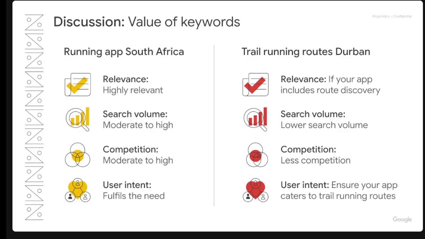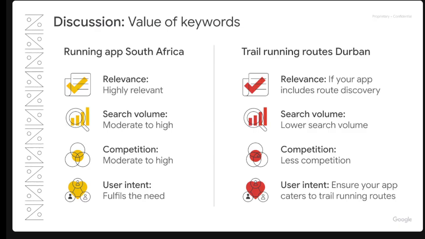then fulfills the need. Okay, when we look at trail running routes in Durban specifically, it's relevant if the app includes route discovery, especially trail running. When it comes to search volume, it likely has a lower search volume, but a more niche and specific audience.